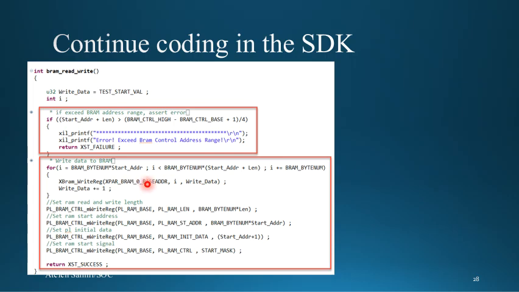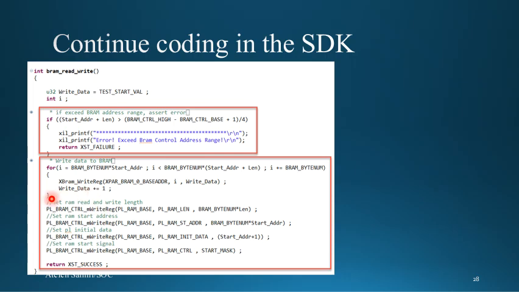The first parameter is the base address, which is defined in xparameters.h, and I, which is the value that is changed in this for loop. It means that in each run of this for loop, the write data will be written to the address of base address plus I, and then this write data will be increased in the next step.